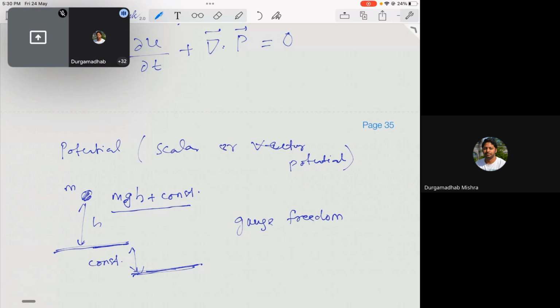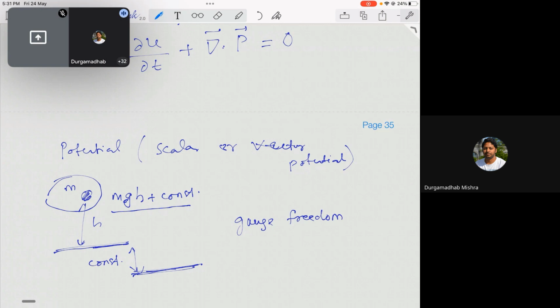Without changing the position or the momentum or the mass, I don't have to change anything of this object. I can just do a transformation from one reference point to another, add a constant term, and I get a potential energy of this system.